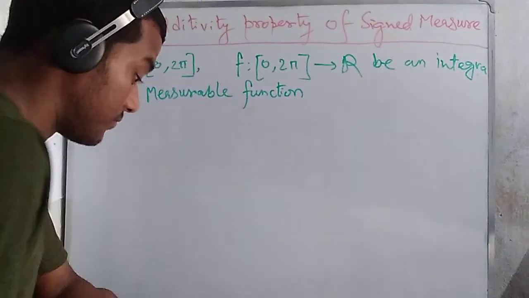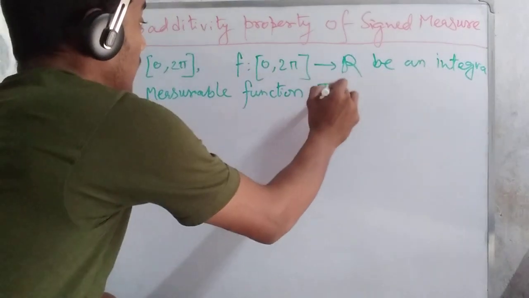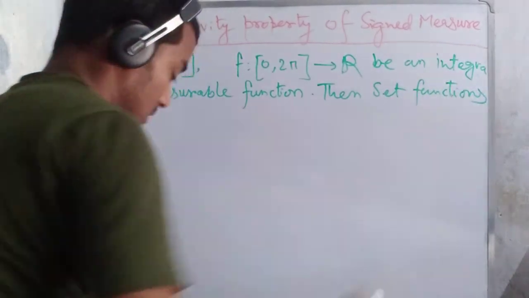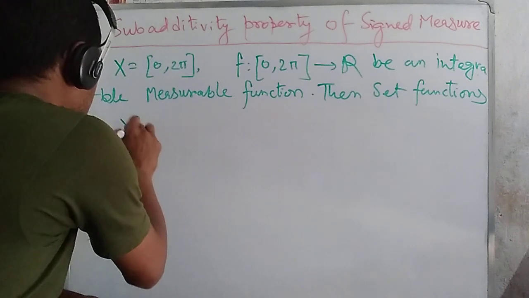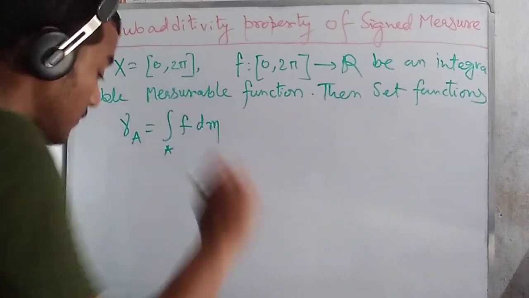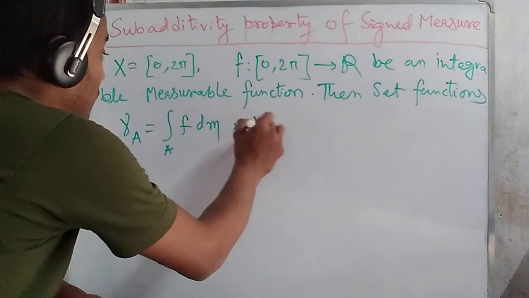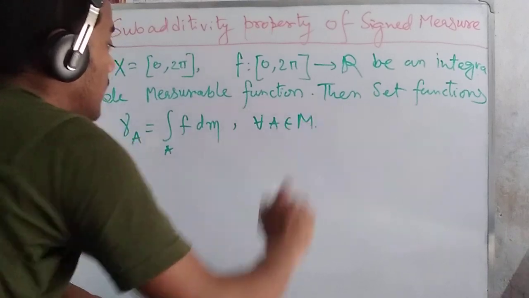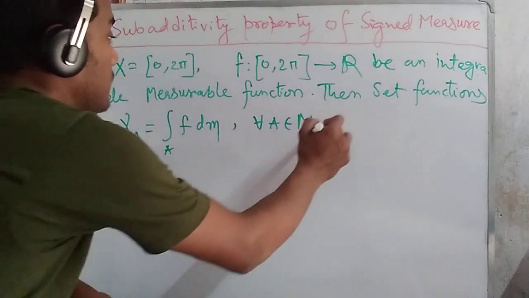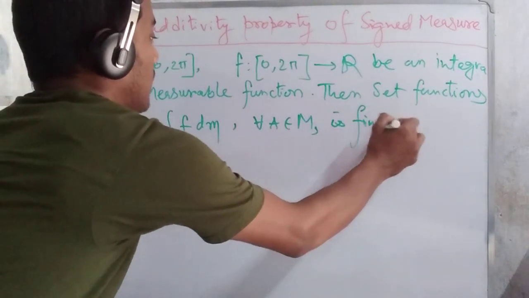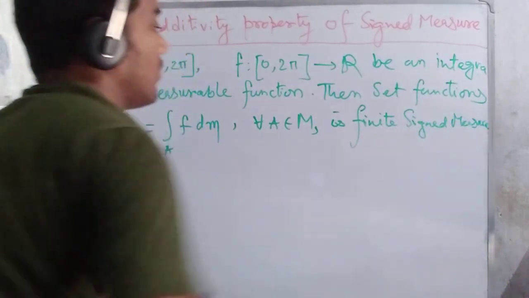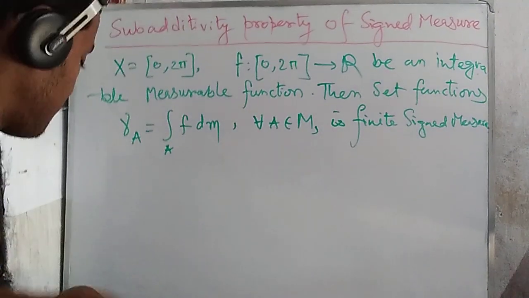Then set function gamma a equal to the integration over a of f dm, for all a belonging to the measurable set and m be the measure. Then this one is a finite signed measure.